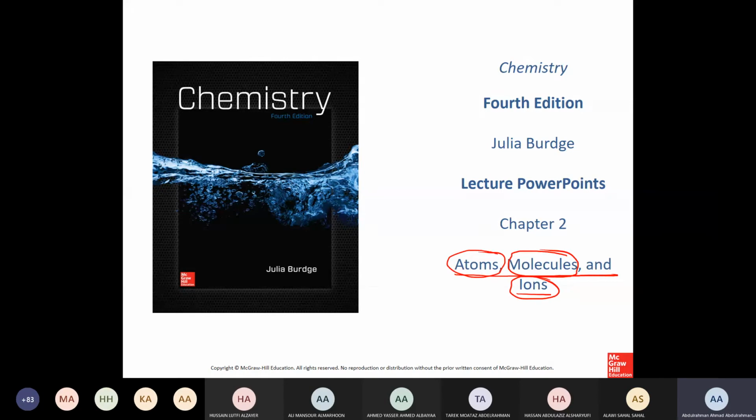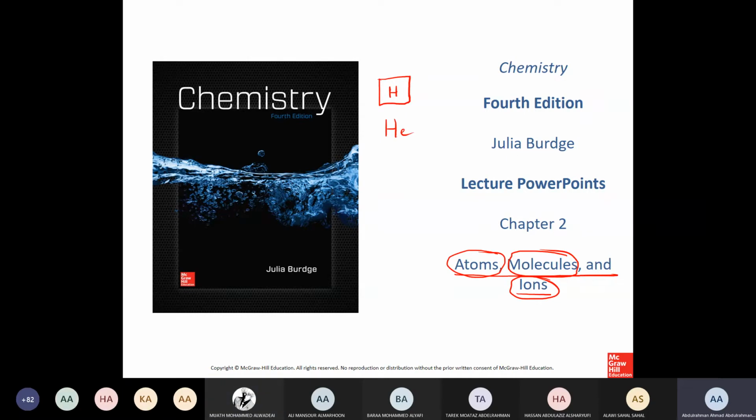Where are the atoms in the periodic table? In the boxes. Everything in the periodic table is an atom. Whenever you see a square like this, what's this? Hydrogen. What's this? Helium.